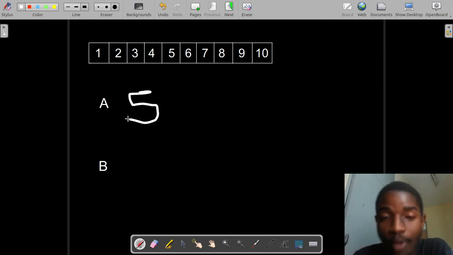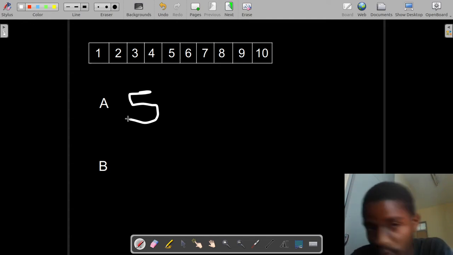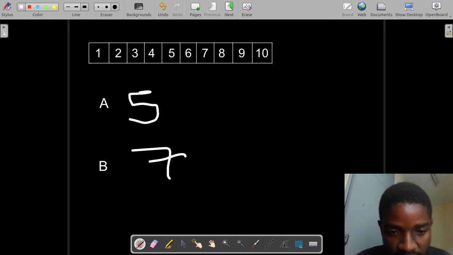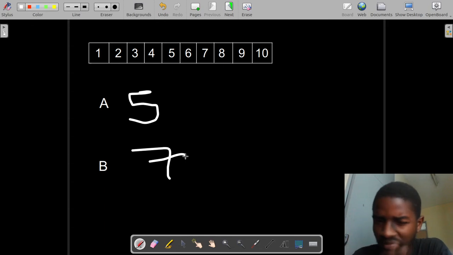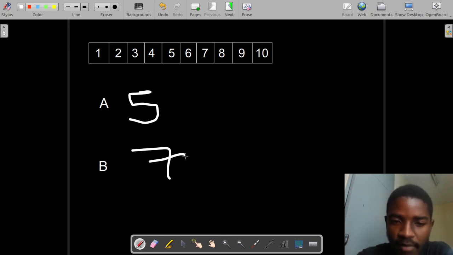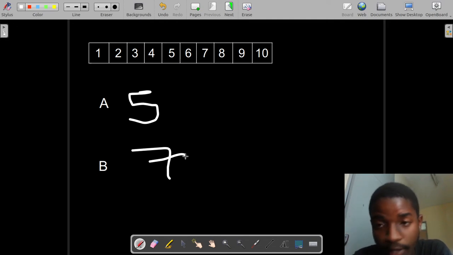We look at 50. Is it what we are looking for? No. We go on to 25, 13, 7, 4, 6, 5, and we get what we are looking for. That means player B took 7 tries. So player A got 5 and player B got 7. Player A wins.